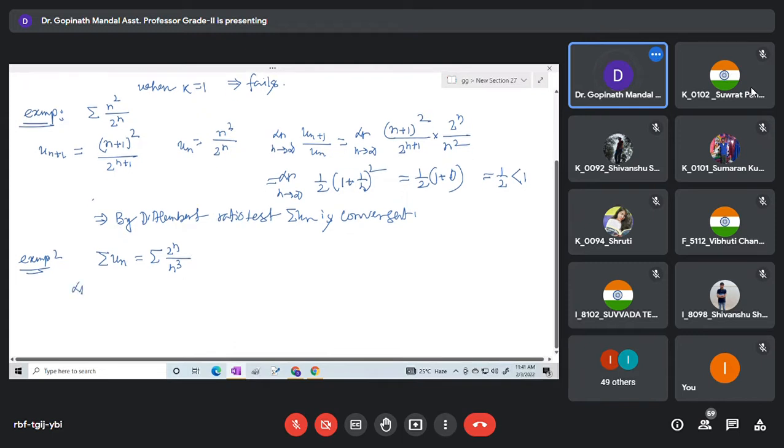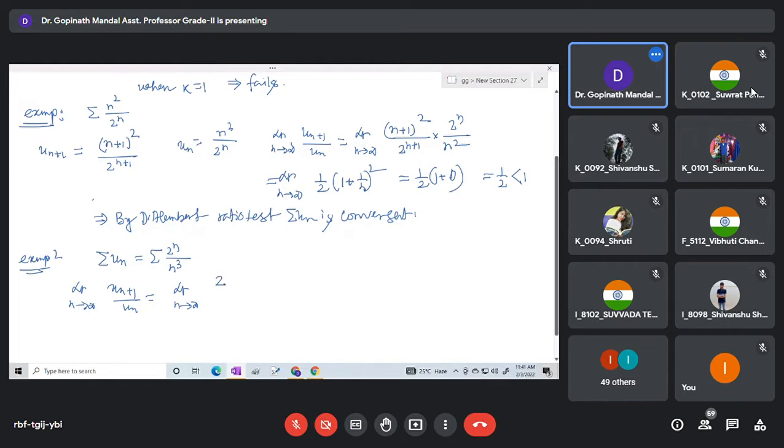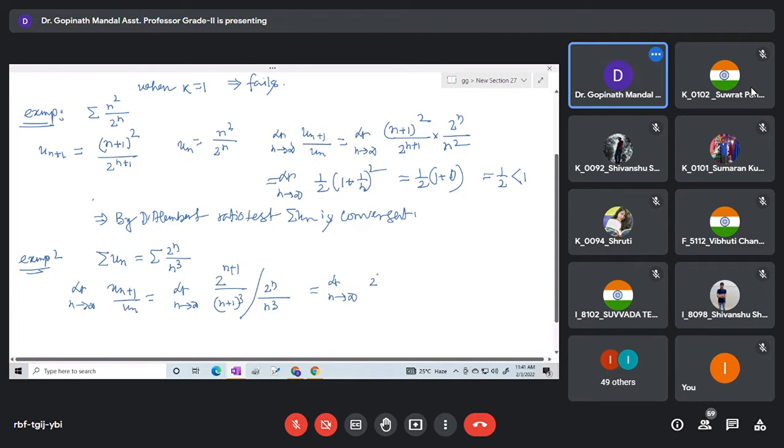So the limit as n tends to infinity, this will be 2 to the power (n+1) by 2 to the power n, times n cube by (n+1) cube.